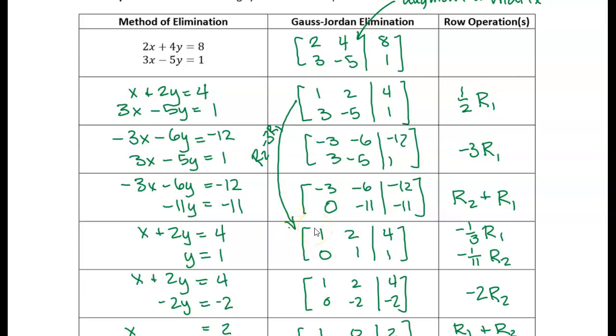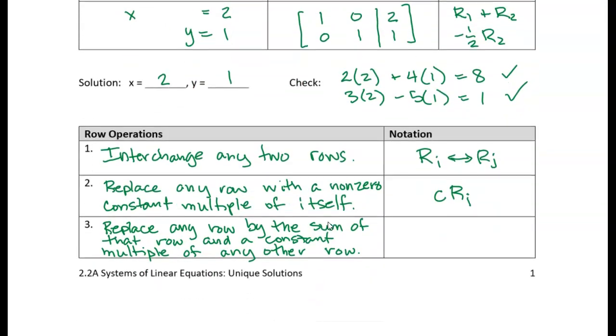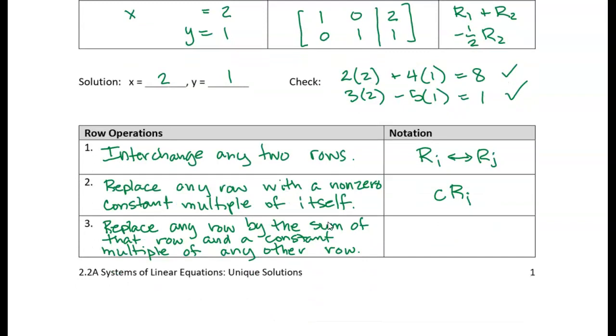And so that's what we're doing in this particular row operation: we're replacing any row by the sum of that row and a constant multiple of another row. And we can denote that as Ri being the row that we're replacing, plus A, which is the constant multiple, times Rj, which is the row that we're multiplying by.